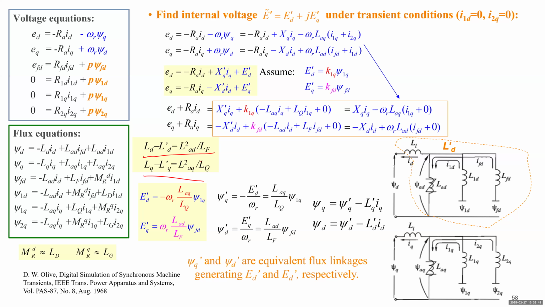So based on those two equations, psi D single prime is the internal flux linkage that induces the EQ single prime. And from those two equations, we prove that psi D single prime is proportional to the flux linkage in the field winding, and the factor is this one.